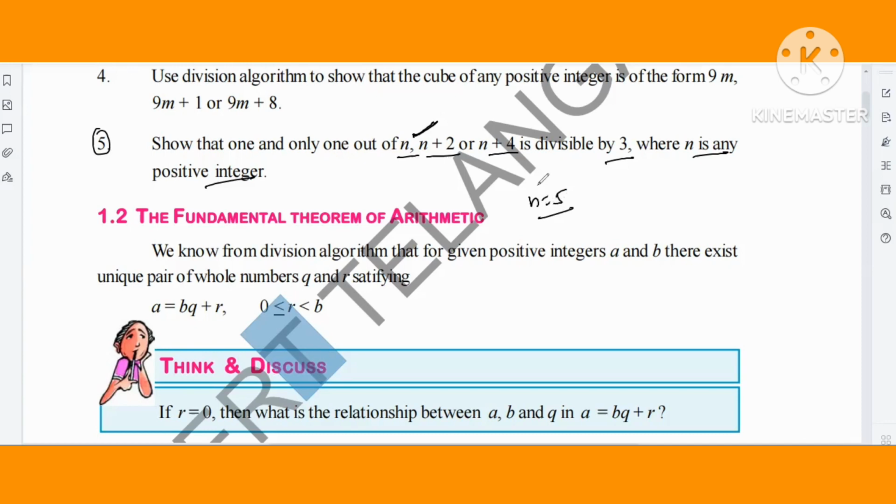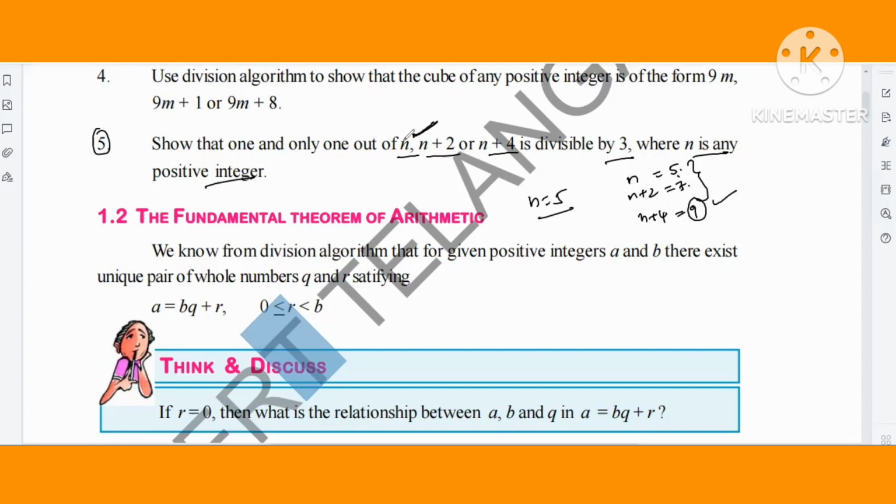Then n plus 2 is 7, and n plus 4 is 5 plus 4, 9. So among these three, only one is divisible by 3. You know that among 5, 7, 9, 9 is divisible by 3.